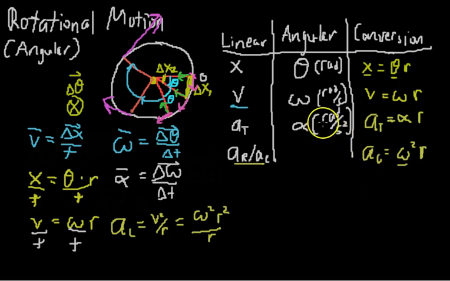So this is the basic rundown of your x, v, and tangential acceleration, and how they relate to angular position, angular velocity, angular acceleration, how you can convert between them, and just a quick touch on radial or centripetal acceleration and its relation to not angular acceleration but angular velocity.